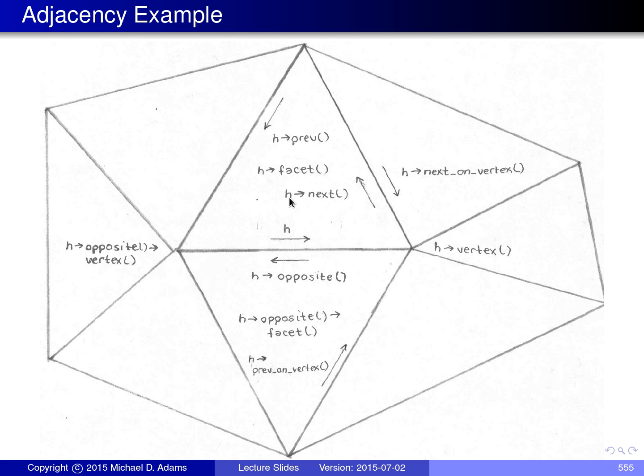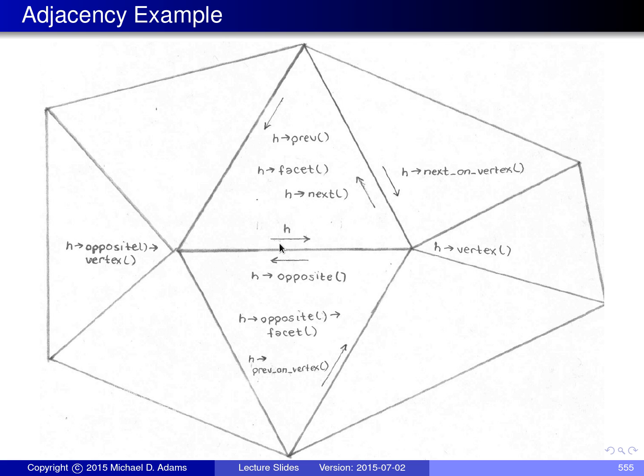So this half edge is H next. On the other hand, if we went in the opposite direction, clockwise instead of counterclockwise, the next half edge that we hit is H previous.